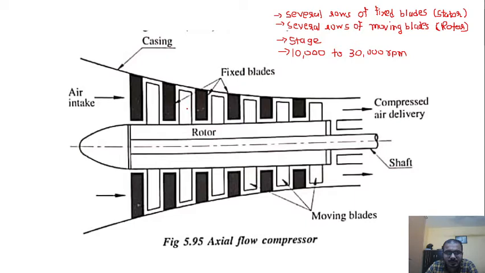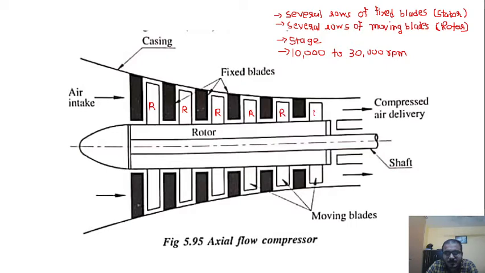That is, these white color are the rotor blades. Let me denote it with R. So these are all rotor blades, and obviously these will be the moving ones.